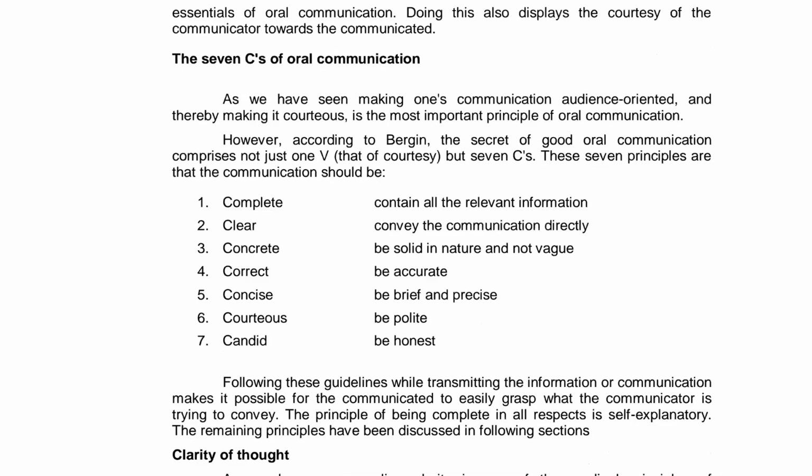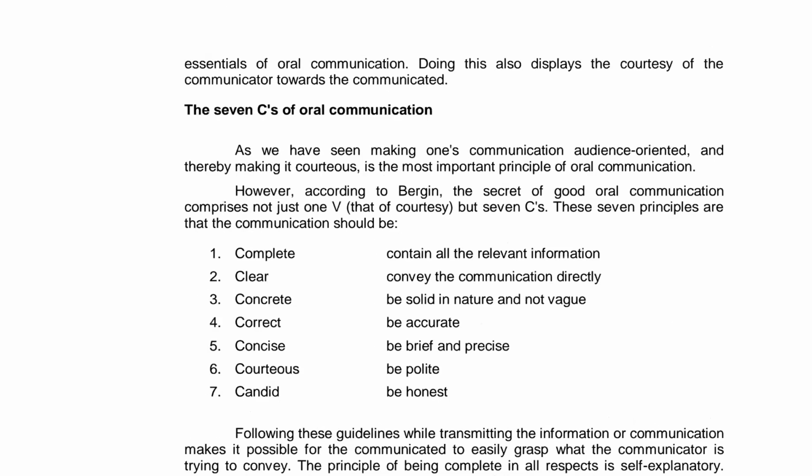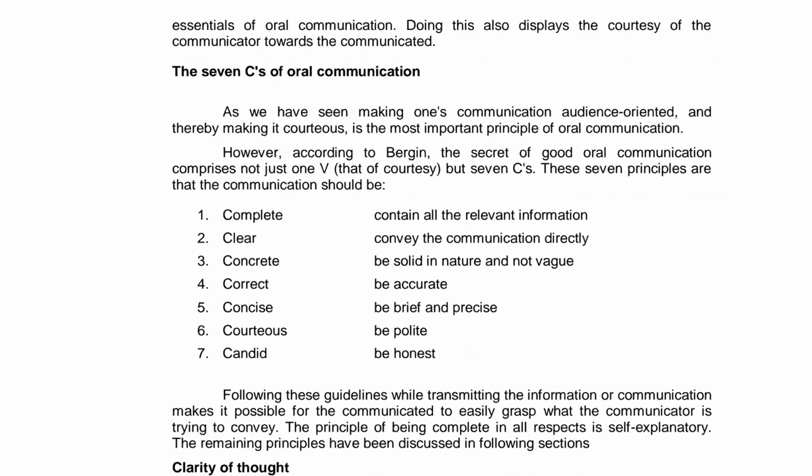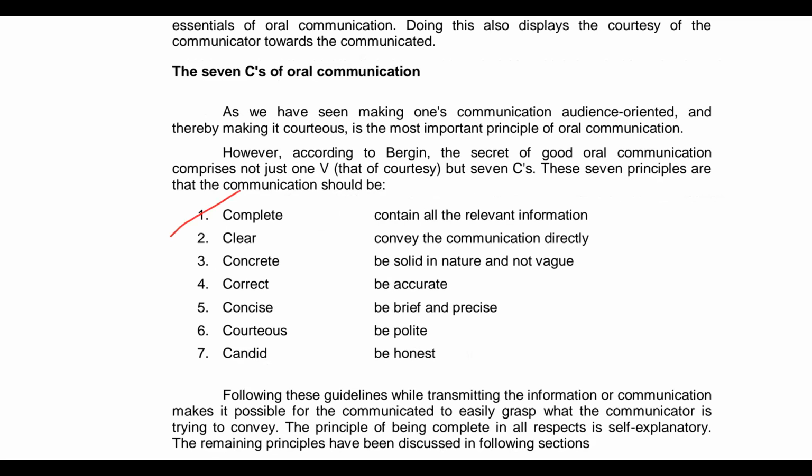Now let's just look at the 7 C's of oral communication. What could be some of the 7 C's of oral communication? These are to be kept in mind all the time. We call them the 7 principles that guide communication. To start with, we have what is known as completeness.